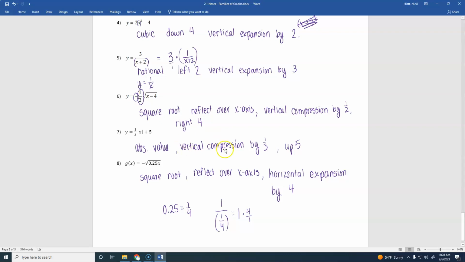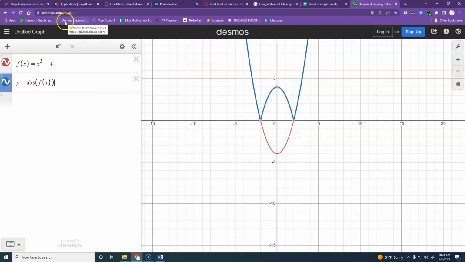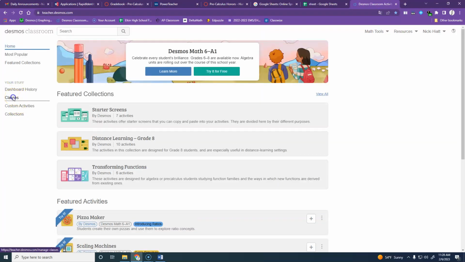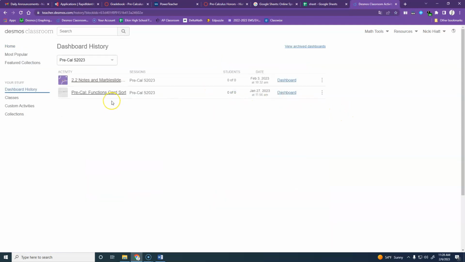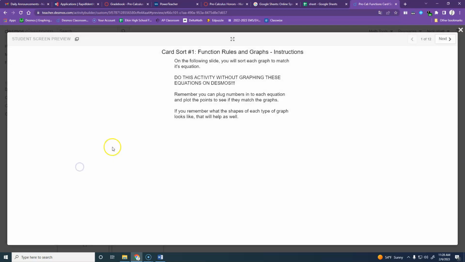Okay, so your assignment tonight is going to be on Desmos Classroom. You are going to see it's this functions card sort right here. I just want to show you how it works.